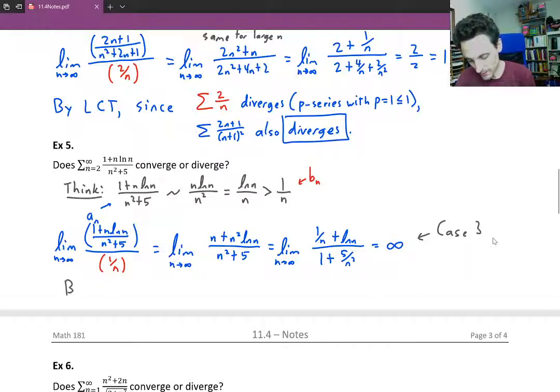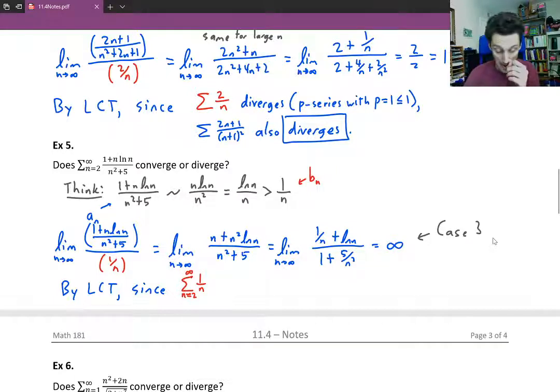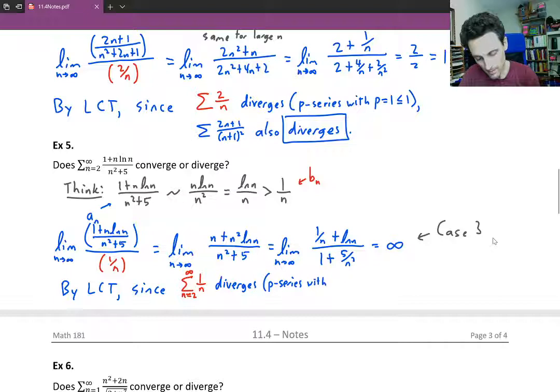So what we can say is, by LCT, since the series sum from n equals 2 to infinity of 1 over n diverges, it's a p-series with p equals 1, the bigger series that we have in our hands, the sum of ln n over n, also diverges.